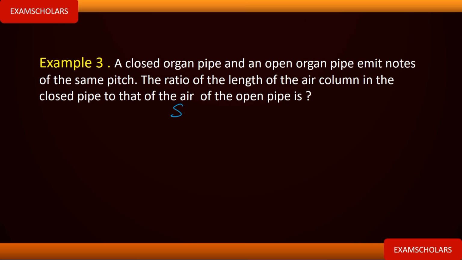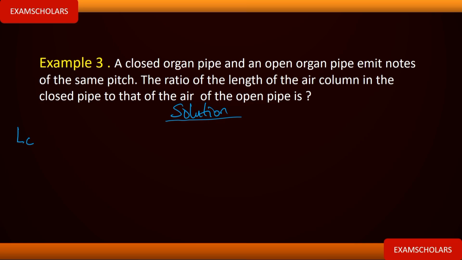Now let's have L closed. You will pick just the fundamental frequency for the two of them. Just assume we are talking about the fundamental frequency here. You can pick the first, second or third harmonic, and you still get the same answer, but I will advise you to pick the first harmonic.